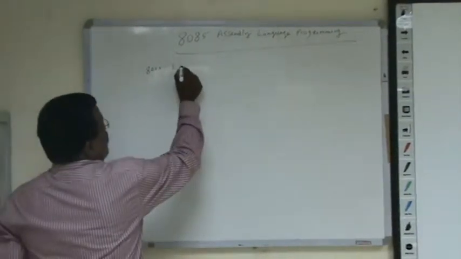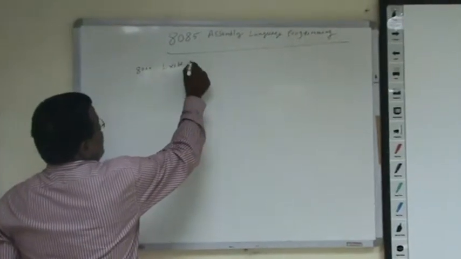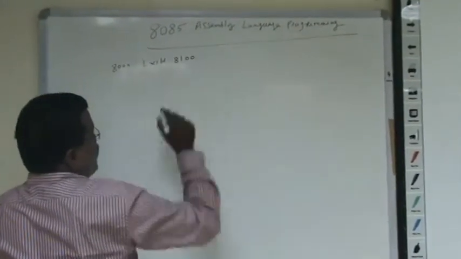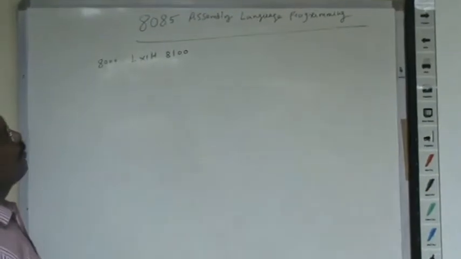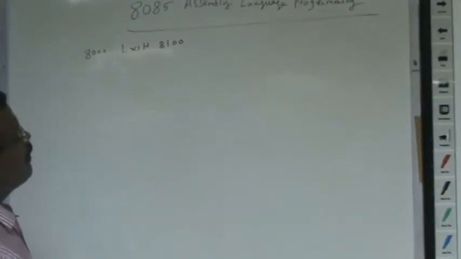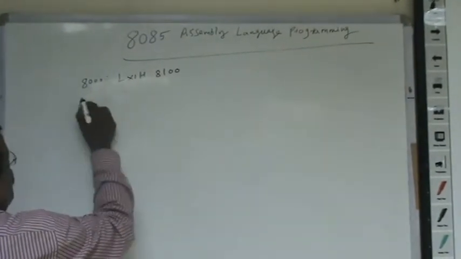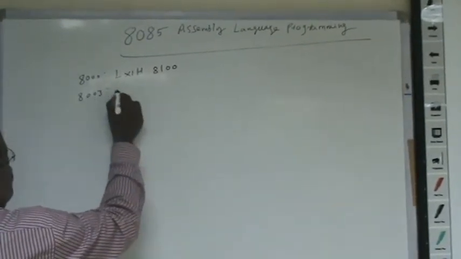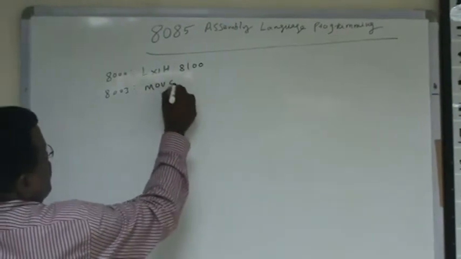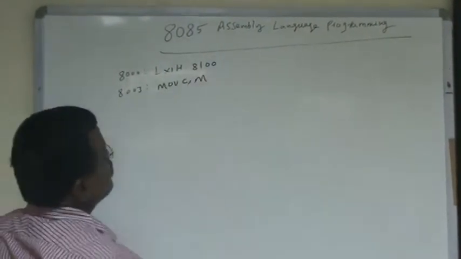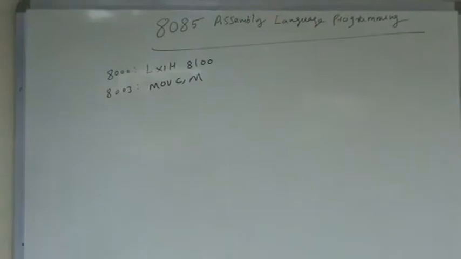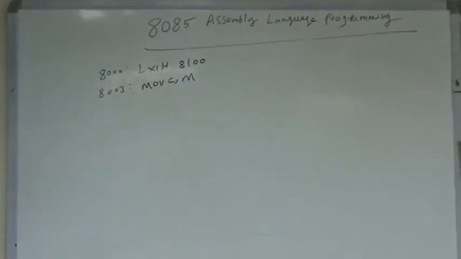So I have to write LXI H, 8100, because at 8100 we have the count. I am pointing the memory at the memory location of 8100. Then MOV C, M. I am moving the count into the C register. Now the C register will act as a counter.